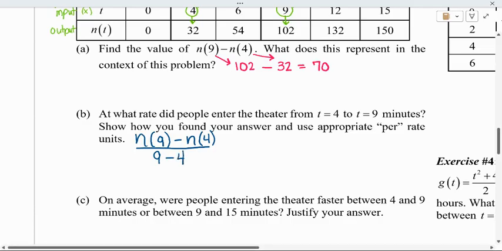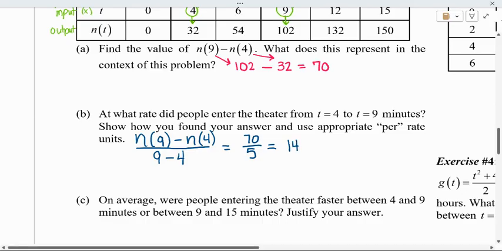We're just going to subtract them. What is N of 9 minus N of 4? We just saw that. We said that that equals 70. And what is 9 minus 4? 5. What's 70 divided by 5? It's 14. It says show how you found your answer.